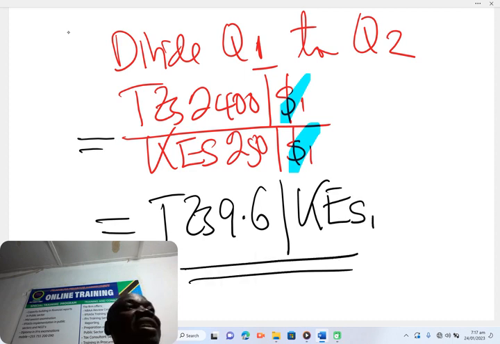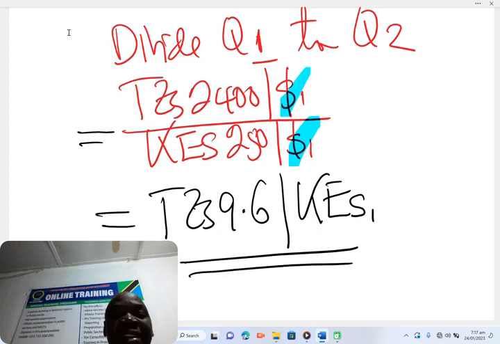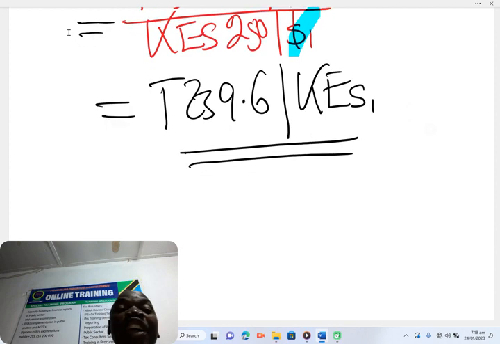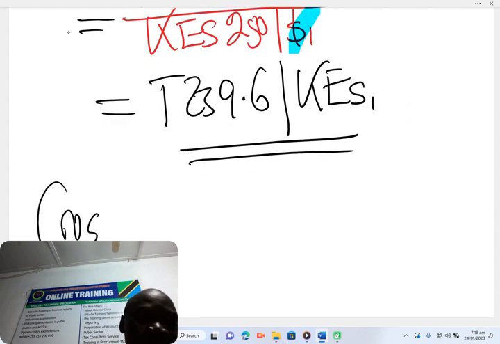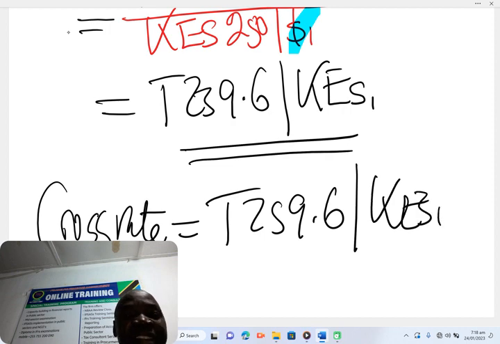That is the rate we are talking about. So this is a cross rate, because this rate has not been provided in the market. Actually, this is the actual rate. So the cross rate is TZS 9.6 from Kenya.